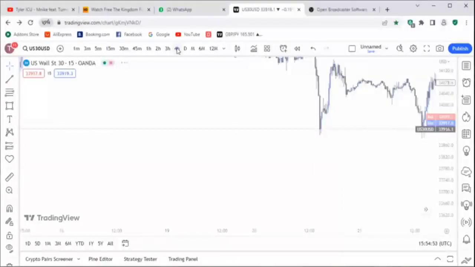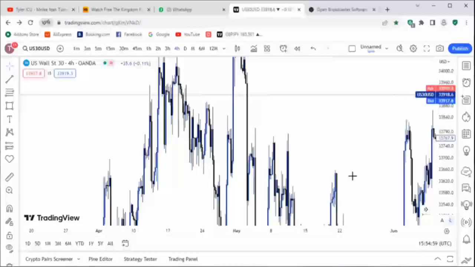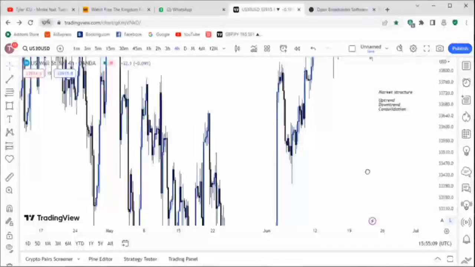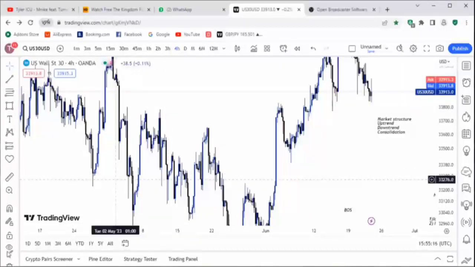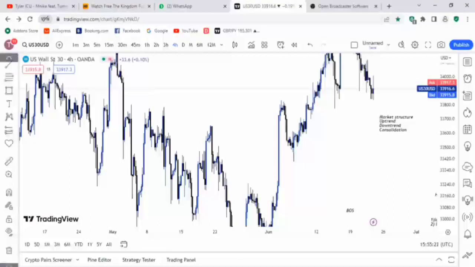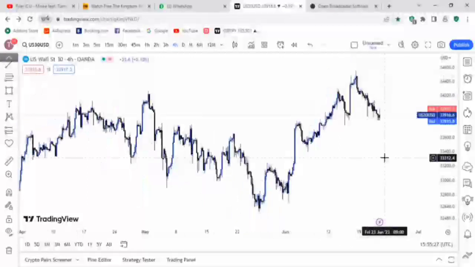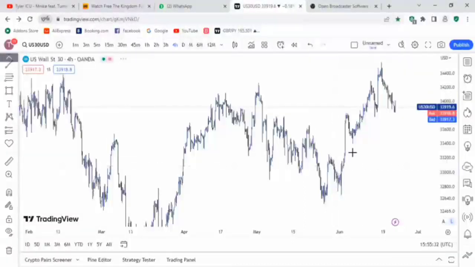I'm going to start with a bigger time frame first. This is a USD 4-hour time frame.